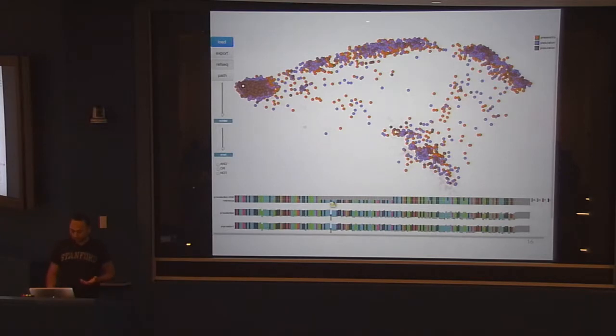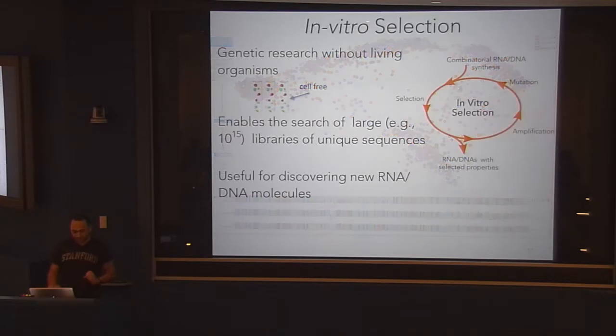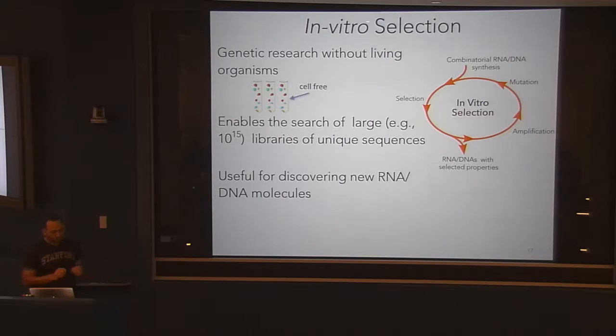Let me introduce what in vitro selection is. One of the important questions in molecular biology and biochemistry has been whether genetic research can be possible without using living organisms. In vitro selection is a confirming answer to this question. With rapid cycles of growth and selection, this method biochemically simulates Darwinian evolution.